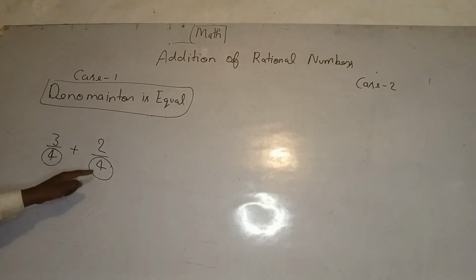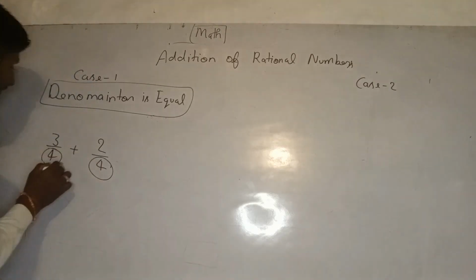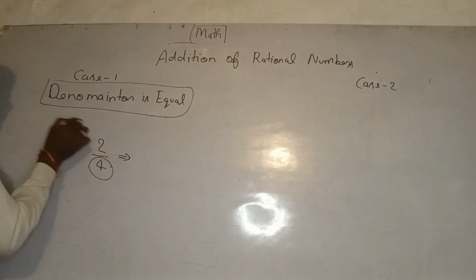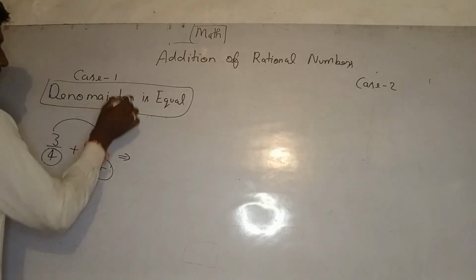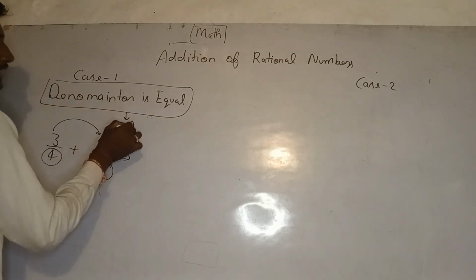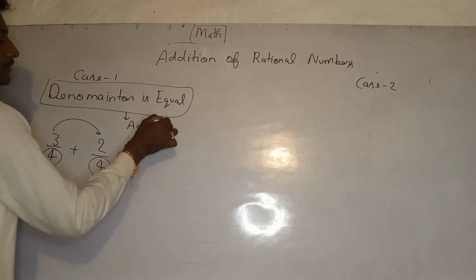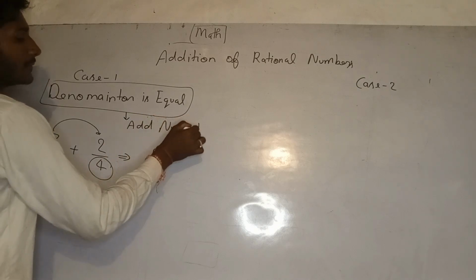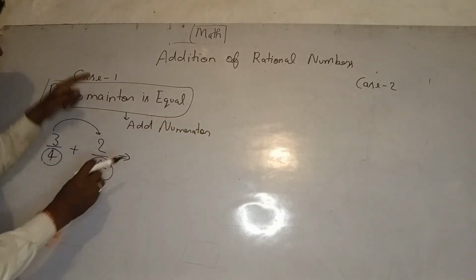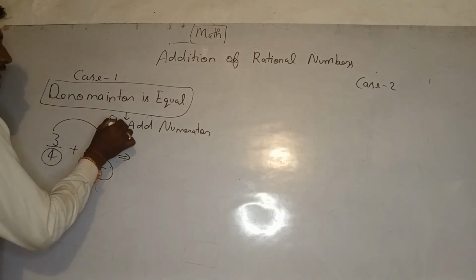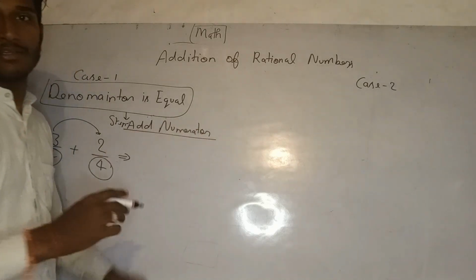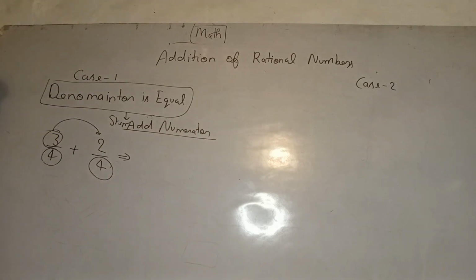So the two rational numbers have the same denominator. Then we can add only the numerators. If the denominator is equal, step 1, add the numerators.